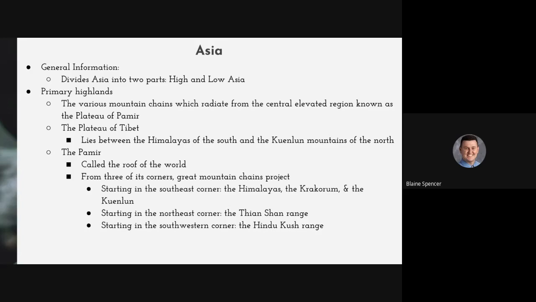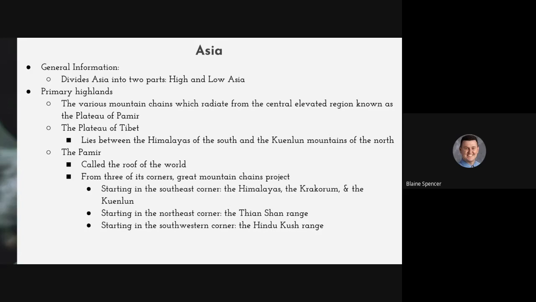It's up near the Arctic Circle, and it's going to have three massive mountain chains project out from the top of the world, in a sense. From the three corners, these three areas are going to project out.